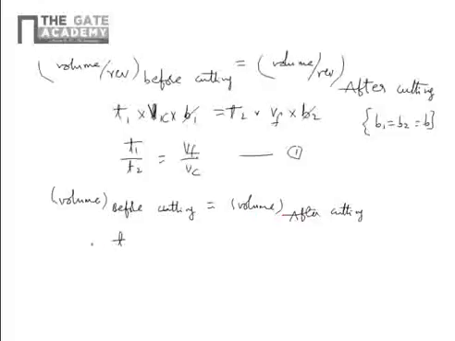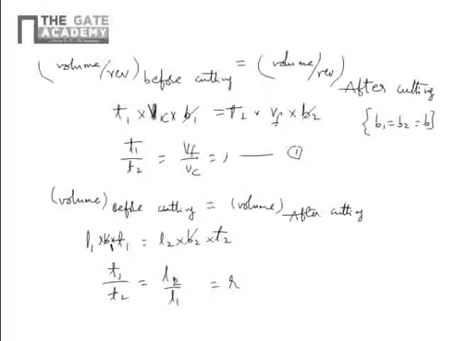Volume equal to length into width into thickness. Width is constant, so T1 by T2 equal to L2 by L1, that is equal to chip thickness ratio.